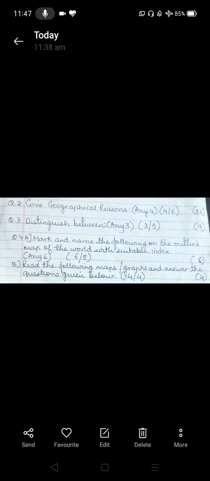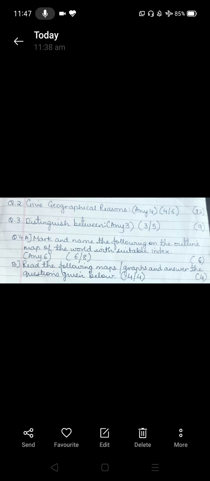Coming to question 2. In question 2, there will be 6 give reasons altogether, from which you have to write 4 give reasons. That is for 12 marks. Students, each geographical give reason is for how many marks? 3 marks. So accordingly you are going to give your reasoning.